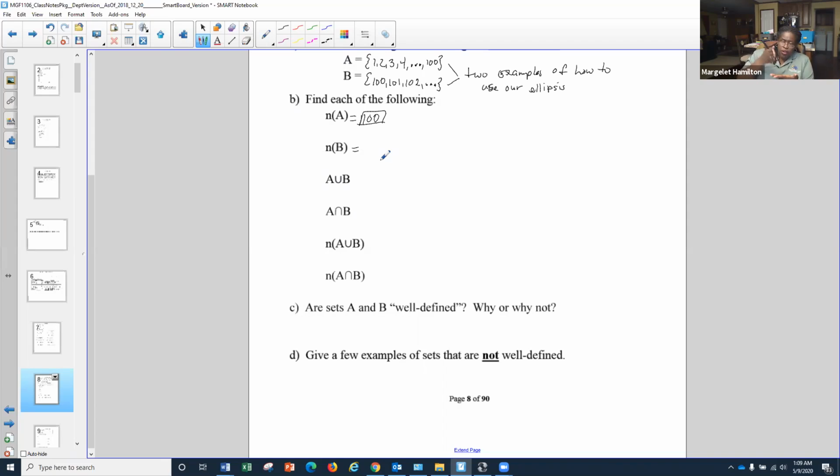It starts here and goes on forever. We don't know. So we're going to use does not exist, but usually you can also put infinity. It goes on to infinity and beyond, if you want to go back to the cartoon. So the cardinality of B does not exist, because it goes on forever.